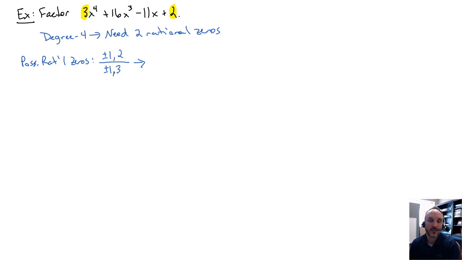So now I need to list all the fractions that could be made up of these combinations. So I could have plus or minus 1 on top with a 1 on bottom, plus or minus 2 on top with a 1 on bottom, plus or minus 1 on top with a 3 on the bottom, and last, plus or minus 2 on top with a 3 on the bottom.